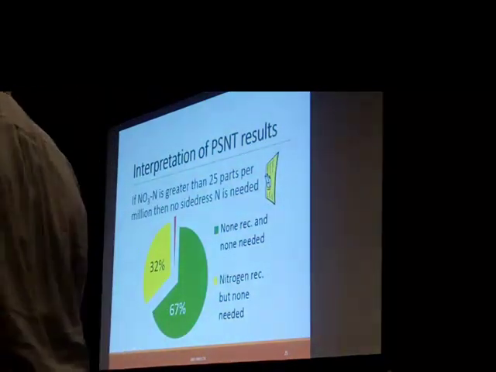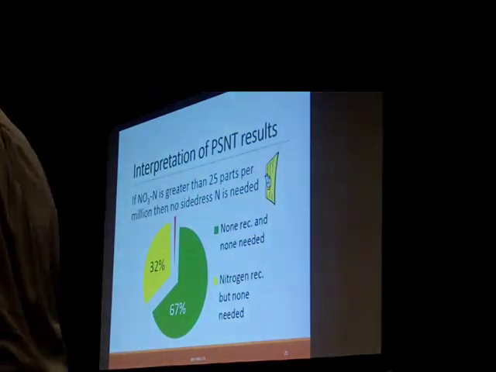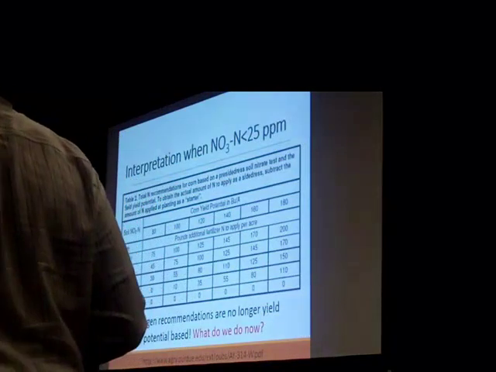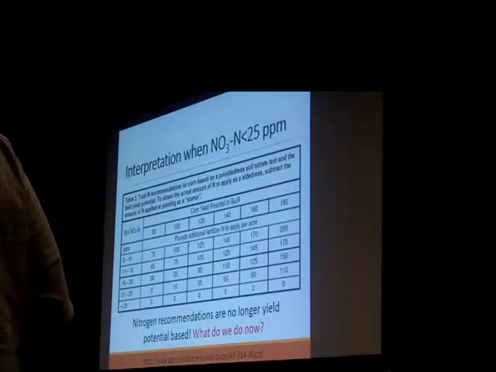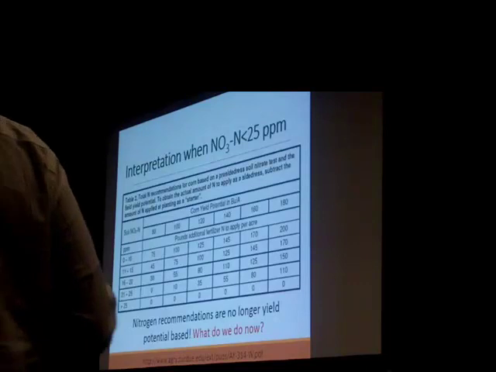Only 1% of the time did it make the expensive error and say there was enough nitrogen in the soil, but actually more was needed. So that's where you get a reduction in grain yield. So it's good as a switch. It's really not great for telling you how much you need when you're below that 25 parts per million.